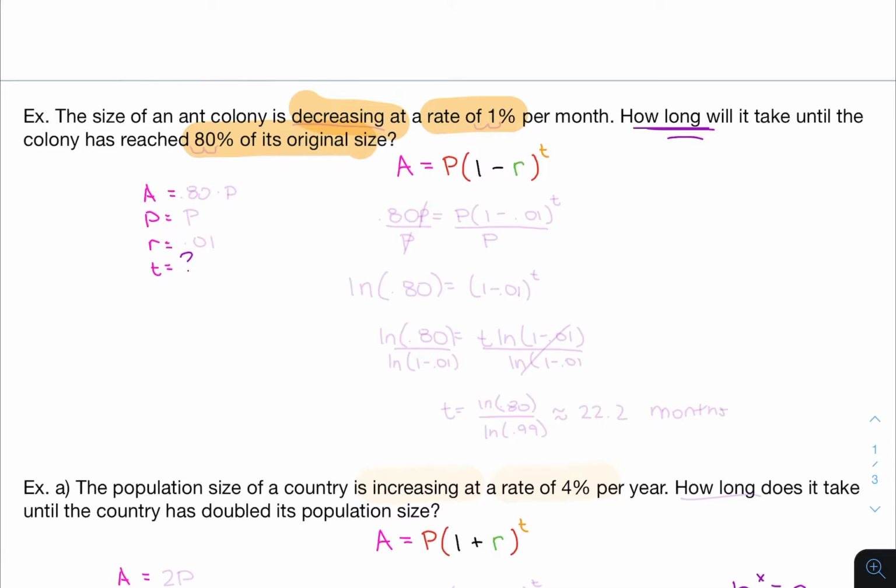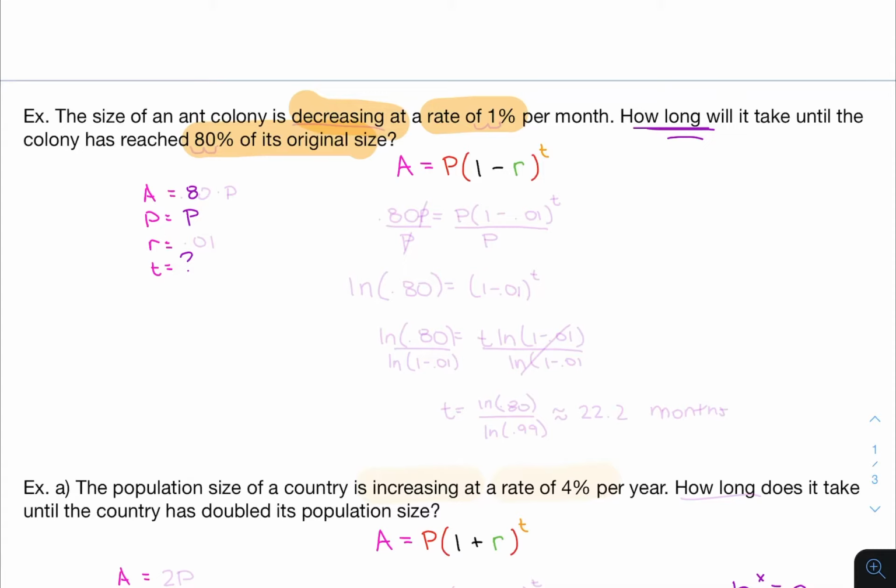Even though we're not given the original size of the population, we can call it P. If we're looking for it to reach 80% of its original size, that means the future value is going to be 80% of P.